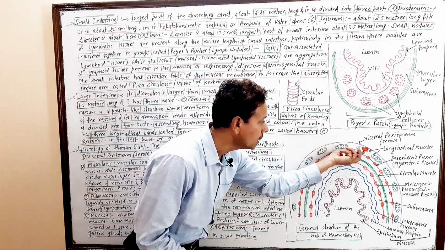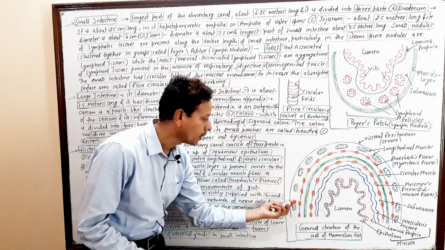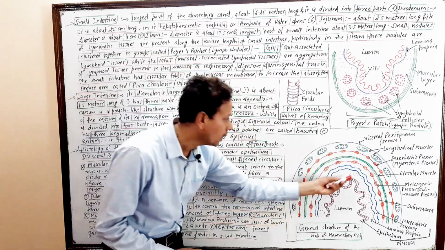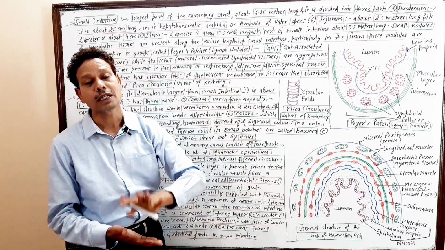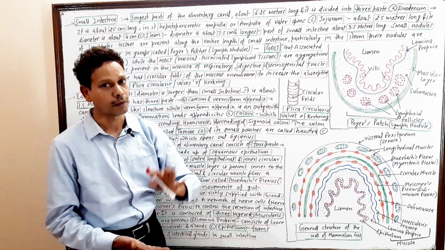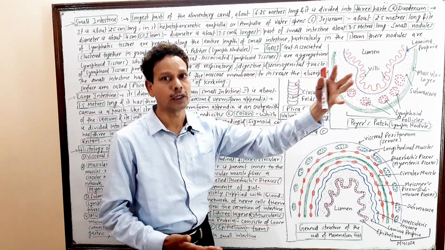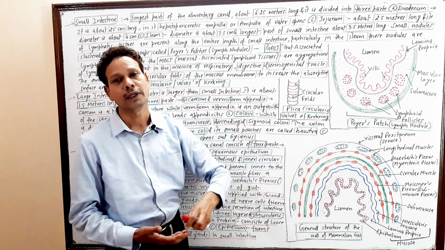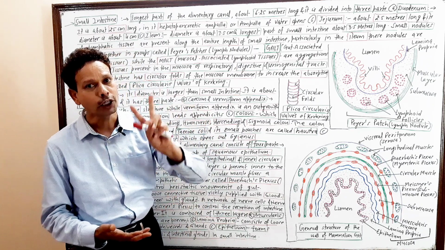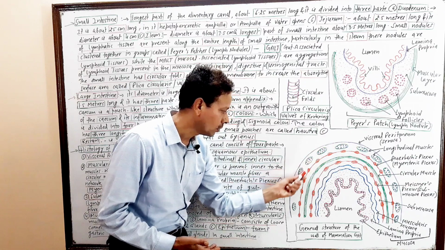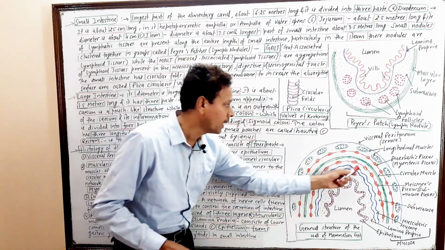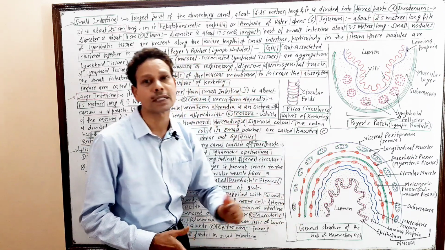In the outer region are longitudinal muscle fibers, and in the inner region are circular muscle fibers. Throughout the gut wall, the muscular coat has two layers of muscles: outer longitudinal and inner circular muscles.